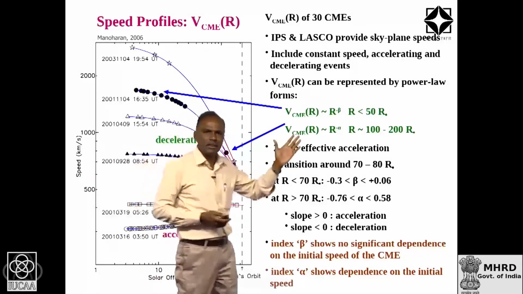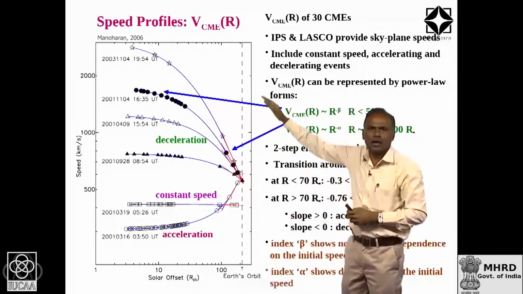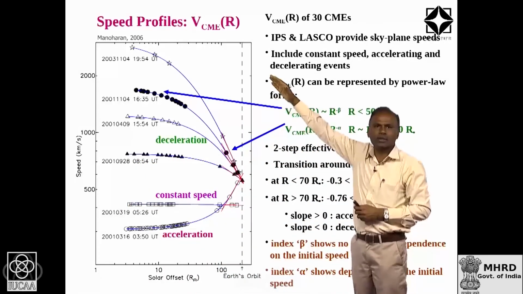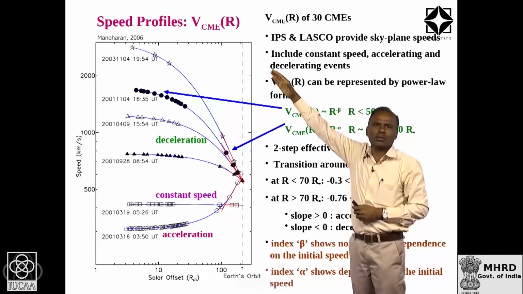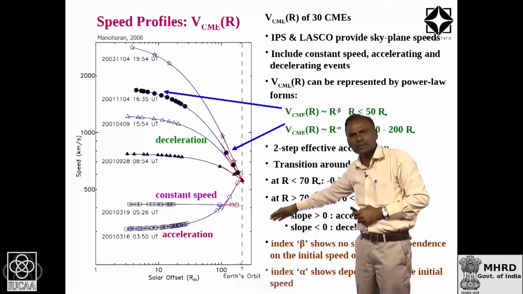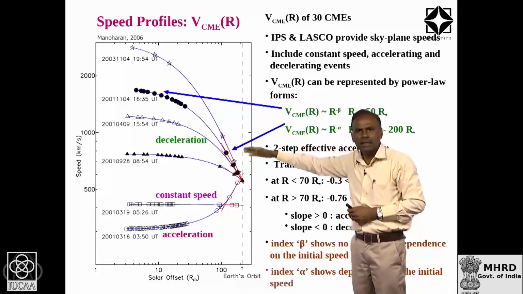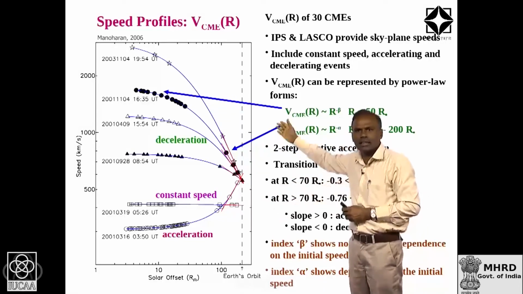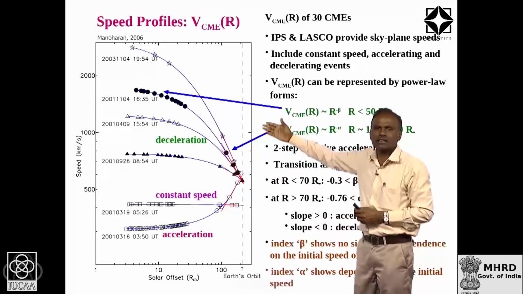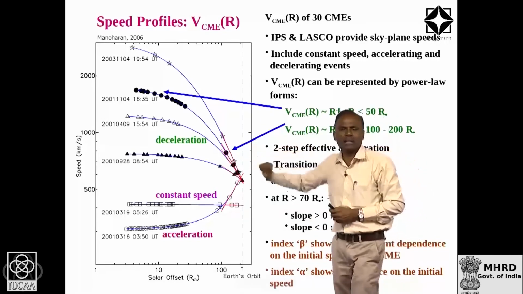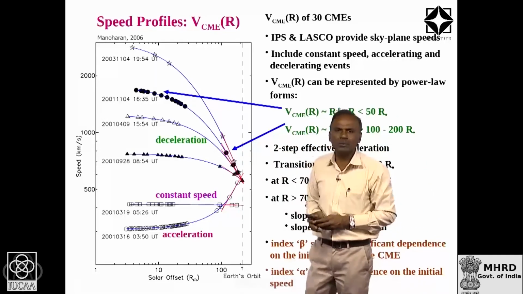So each plot, how the speed is varying. So high speed is coronal mass ejection, which is originating from at about something like 2,500 kilometer. They decelerate rather quickly at the earth orbit, actually, whereas some coronal mass ejections get accelerated, some move with a constant speed.